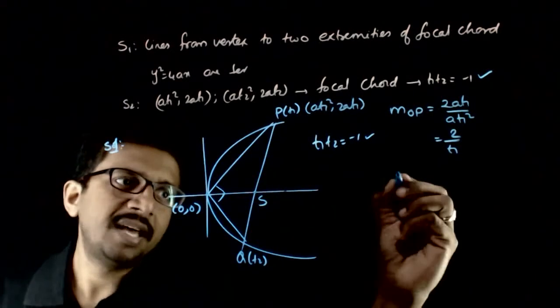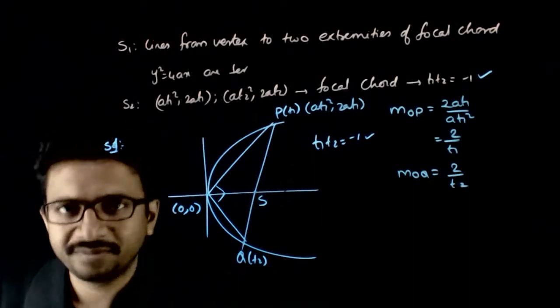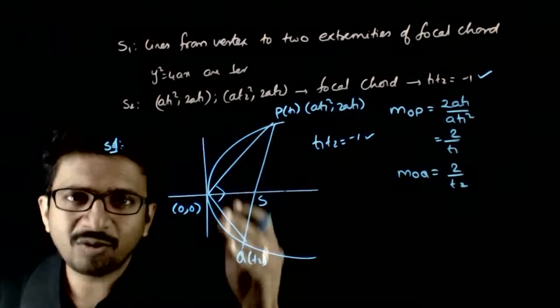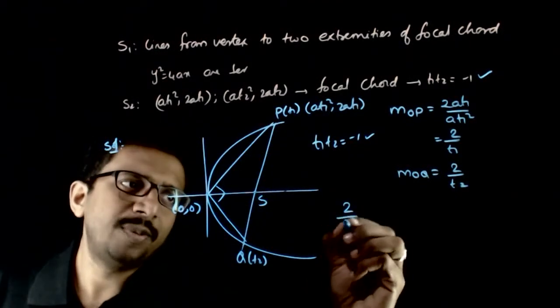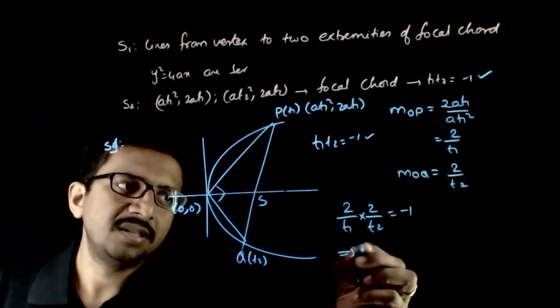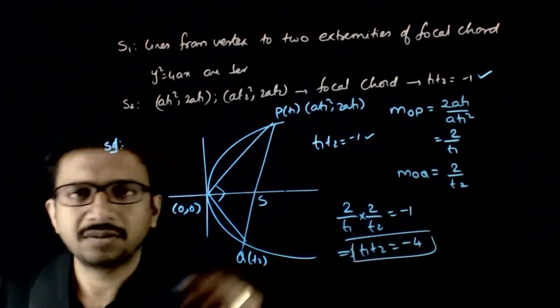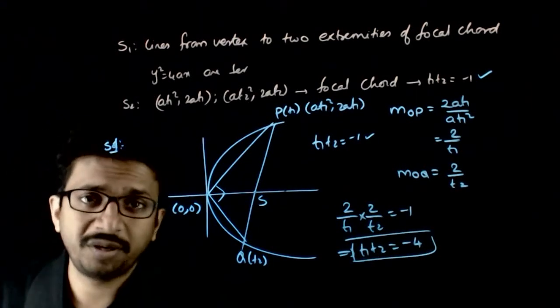Similarly, this line has a slope 2 by t2. Now if these two have to be perpendicular, 2 by t1 into 2 by t2 is equal to -1. This implies t1 t2 is equal to -4. So that should be the condition for perpendicularity.